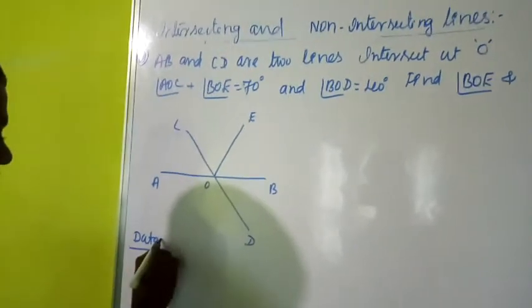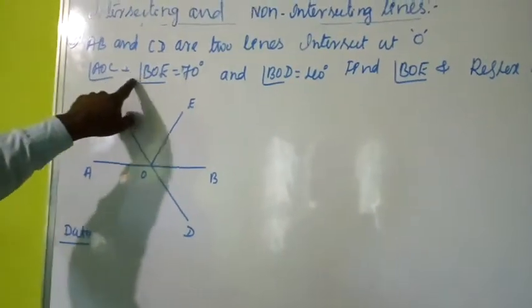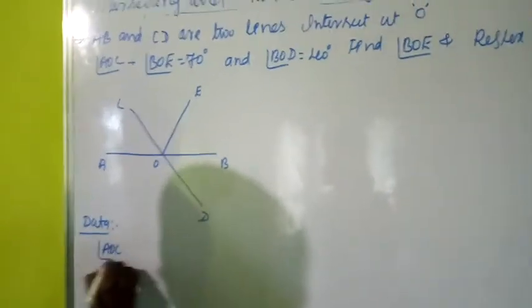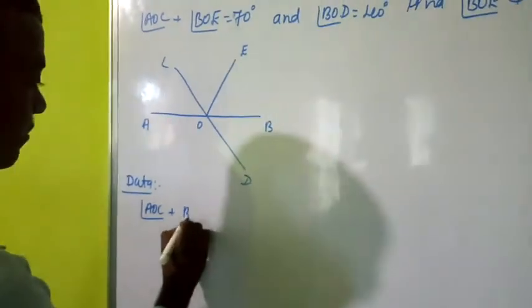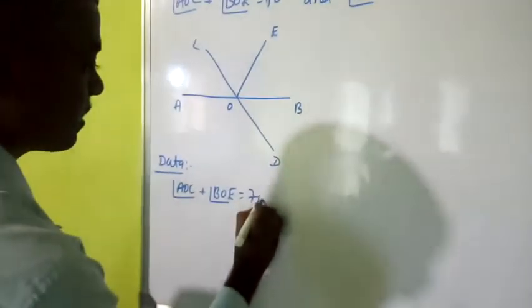Just collect the data. Angle AOC plus angle BOE is given, that is 70 degrees.